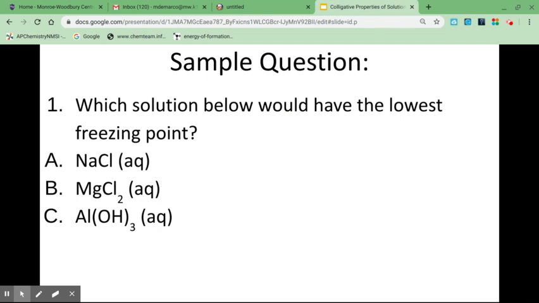So that must be the mole connection, or numbers of atoms or ions dissolved in solution. So this one, I have to pull them apart. So NaCl is ionic. It has two ions, one Na, one Cl. Magnesium chloride has three ions, being ionic, one Mg, two Cls.